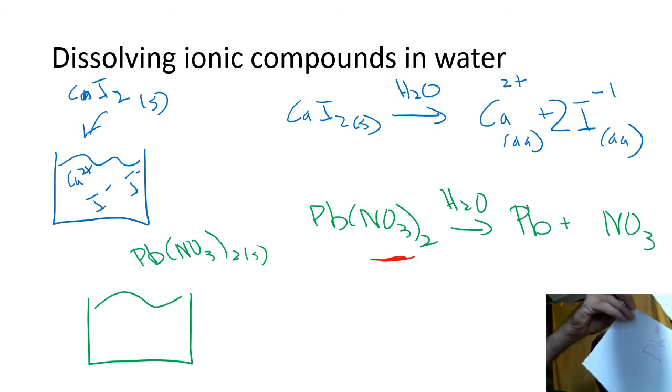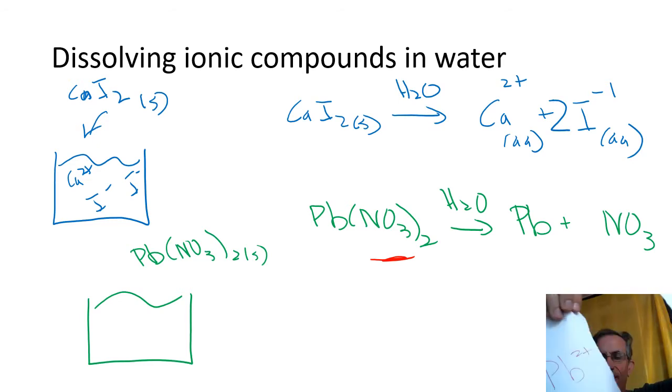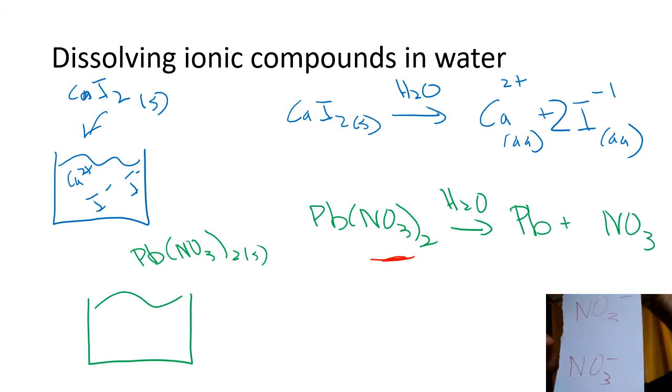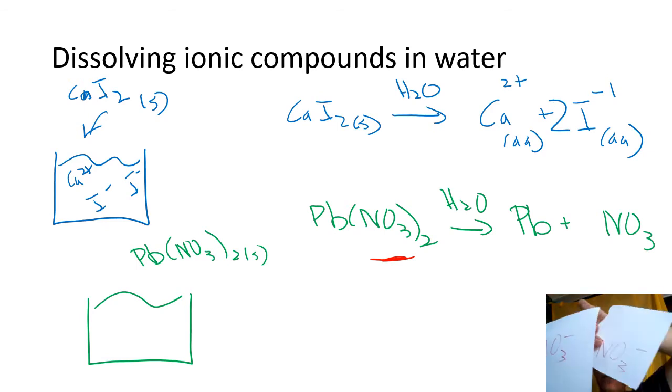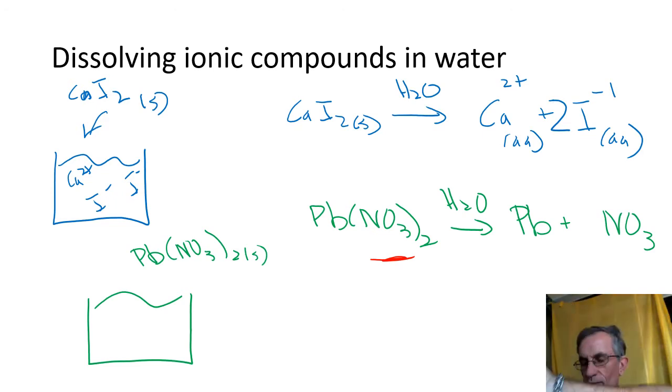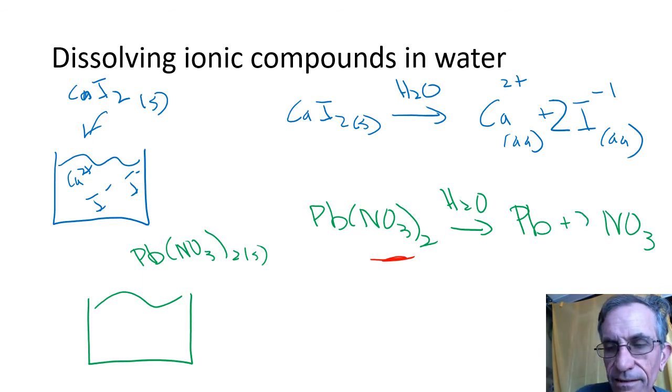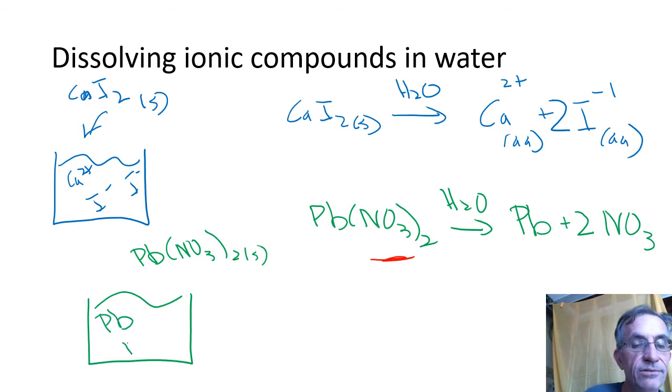Goodbye, I'm flying around in water. And then, not only that, there's 2 nitrates. They are going to break apart from each other as well. To show that, how would I show that we actually get 2 nitrates? I would do that by putting a 2 right here. So just like before, we get a lead chunk and we get a nitrate chunk.